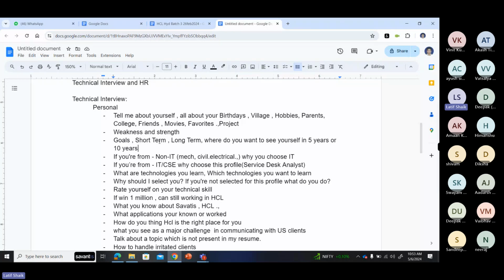Generally, in any interview, they will ask you to tell me about yourself. You are already in soft skills training, so the soft skills trainer will definitely tell you how to answer that. You know it already, so I don't need to explain anything. But other than that, in interviews they will ask many other personal questions.